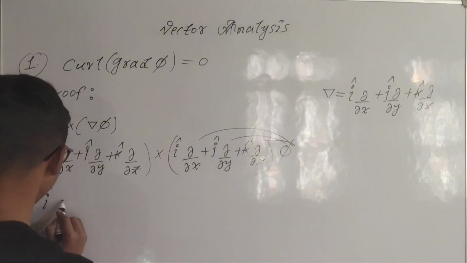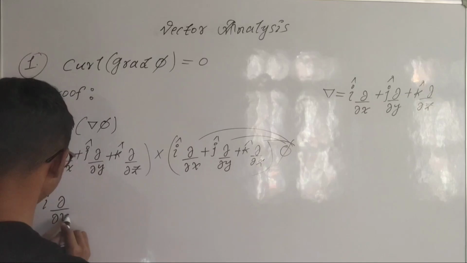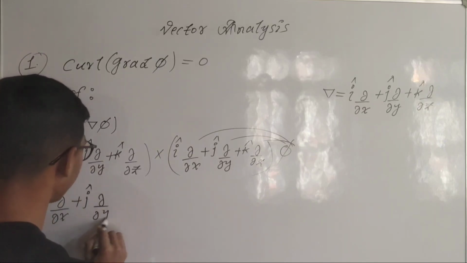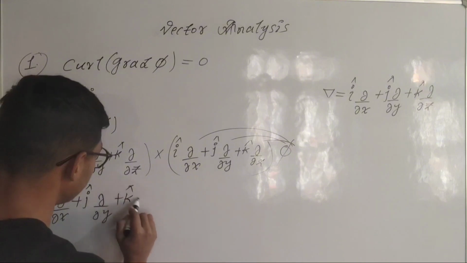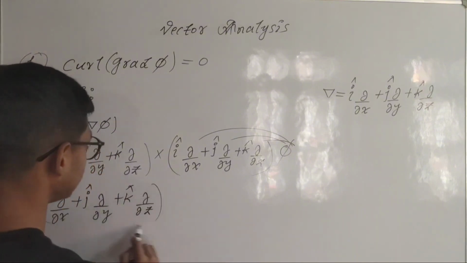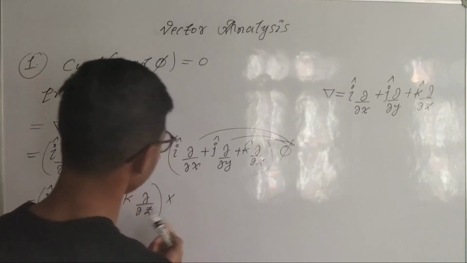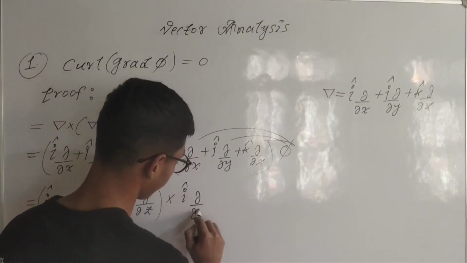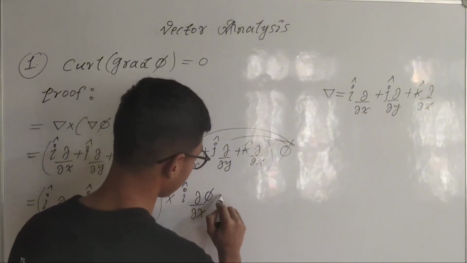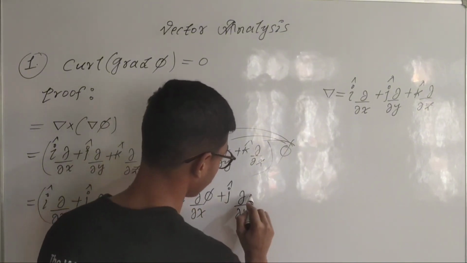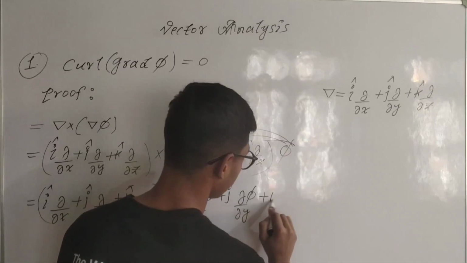So I am rewriting this. This is actually del, but I am pronouncing it as rho. So i times del phi by del x plus j times del phi by del y, and so on.